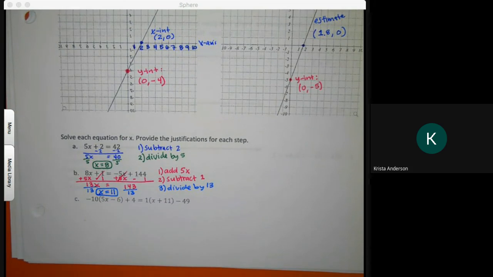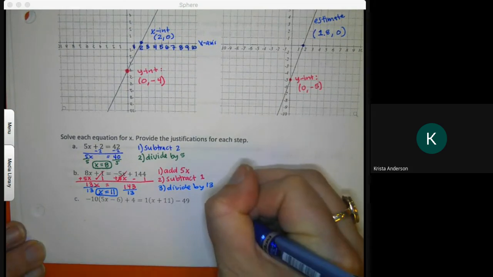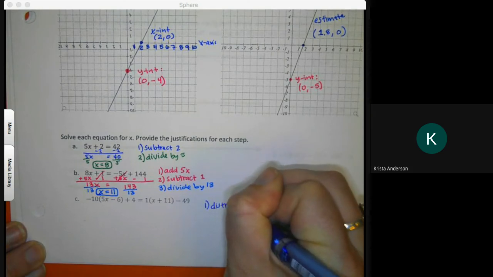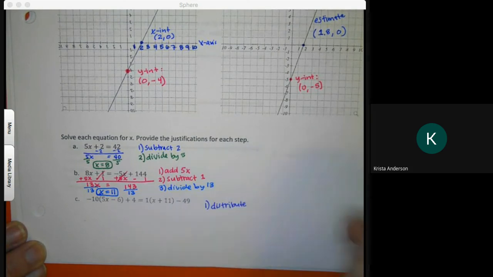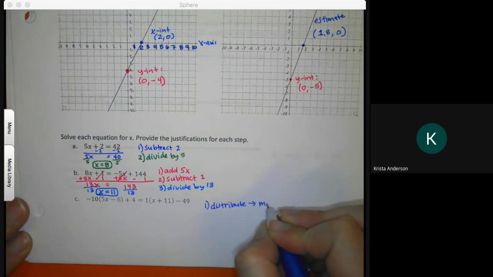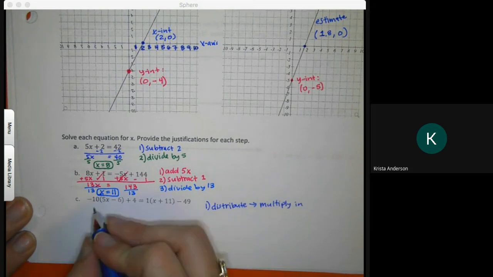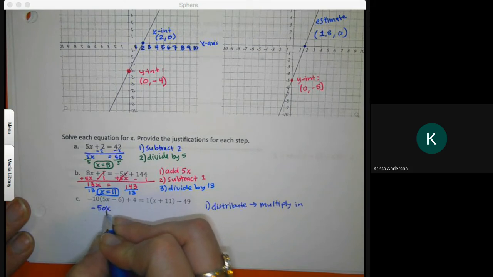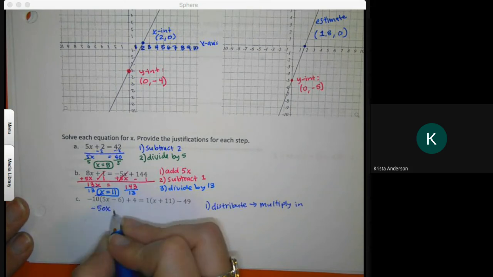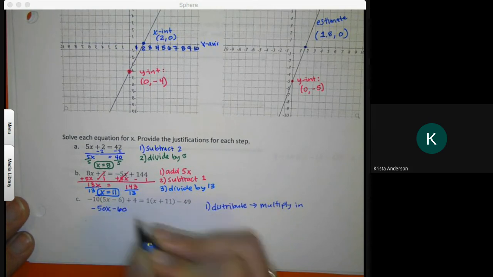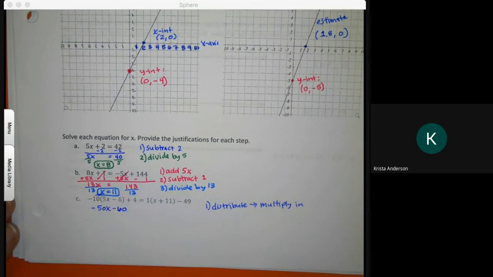Last one, when I see the parentheses, I'm going to distribute. That means I multiply in. Negative 10 times 5 is negative 50x. Negative 10 times negative 6, some of you would put negative 60. That will mess up my equation right from the beginning. So if you enter your answer and it says it's wrong, check your signs.